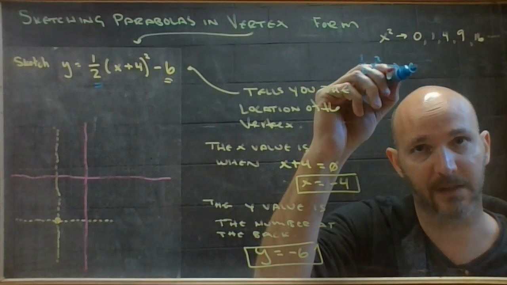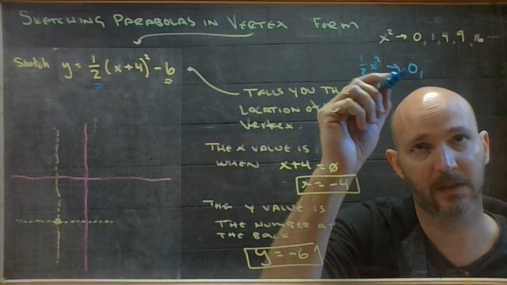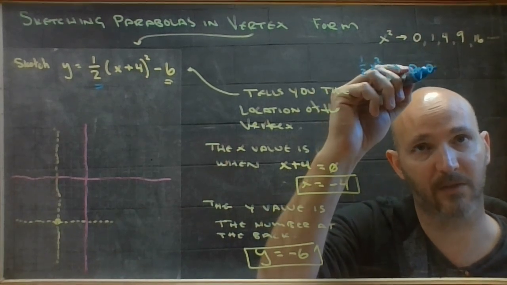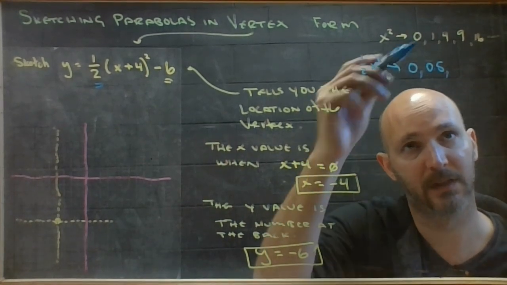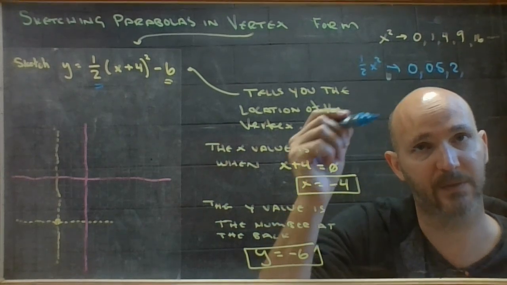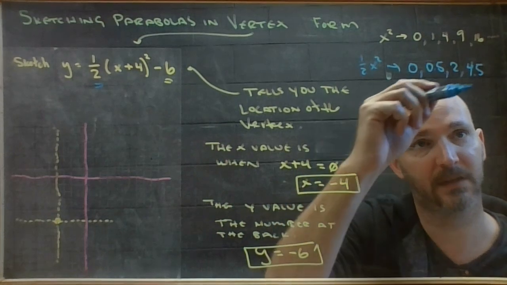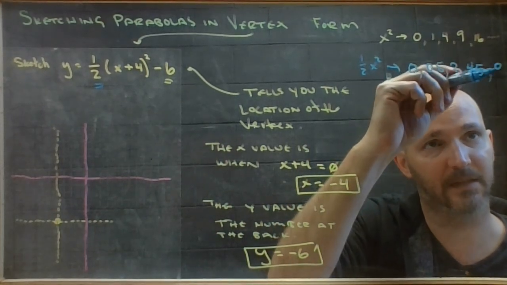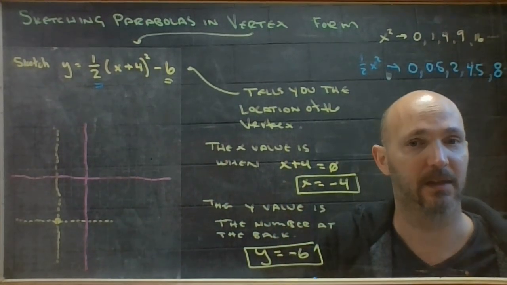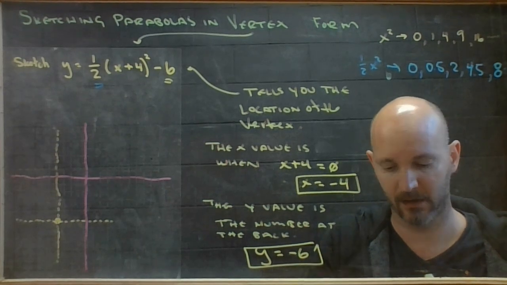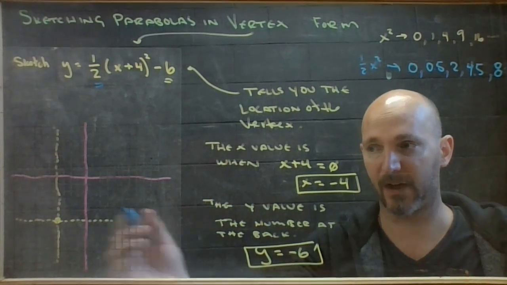half of 0 is 0, half of 1 is 0.5, half of 4 is 2, half of 9 is 4.5, half of 16 is 8, etc. So I find my vertex.